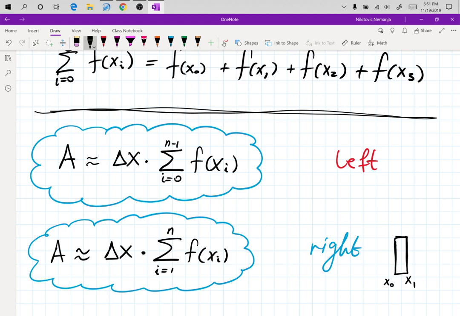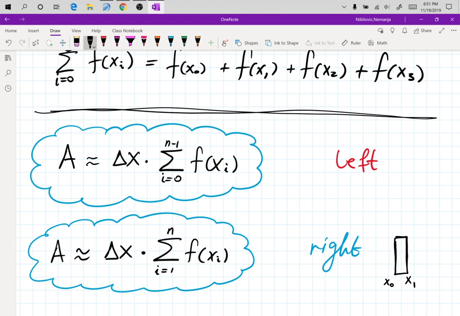And then you go all the way. When you get to the last one with the xn, well, the left one is x_(n-1), which is why we have n minus 1 on top, right? So if you have 17 rectangles, then the top up there would be going to 16 because you used 0.